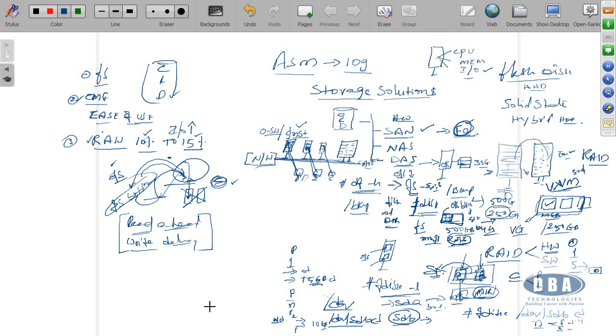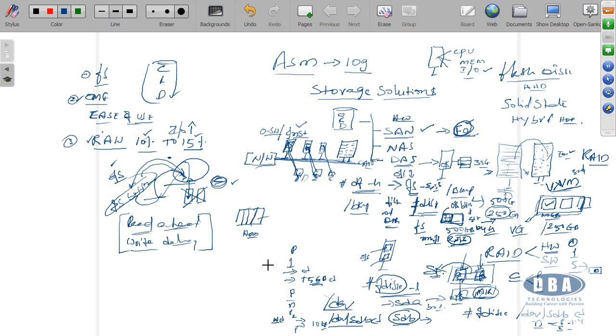How is this going to help us? Understand first of all what a raw partition is. As we just discussed, you have a hard disk drive, and you can make partitions by using the fdisk command. You make multiple pieces, multiple slices: 1, 2, 3 partitions.